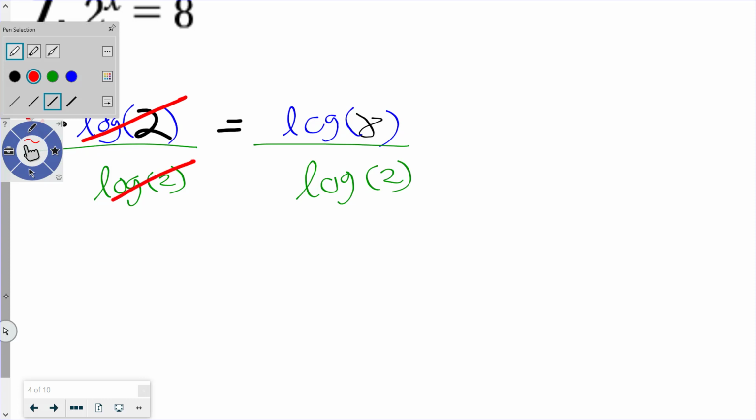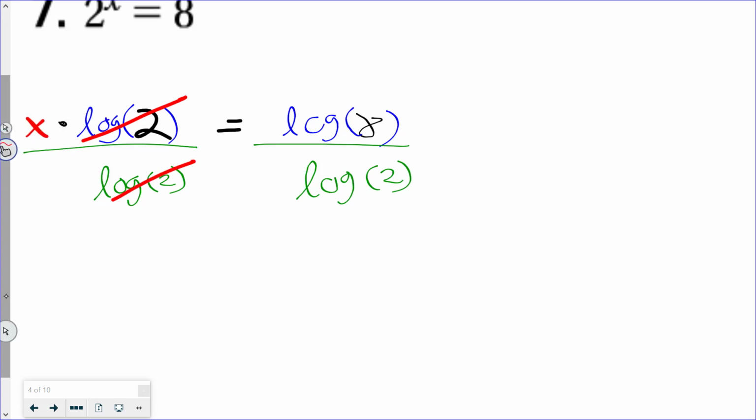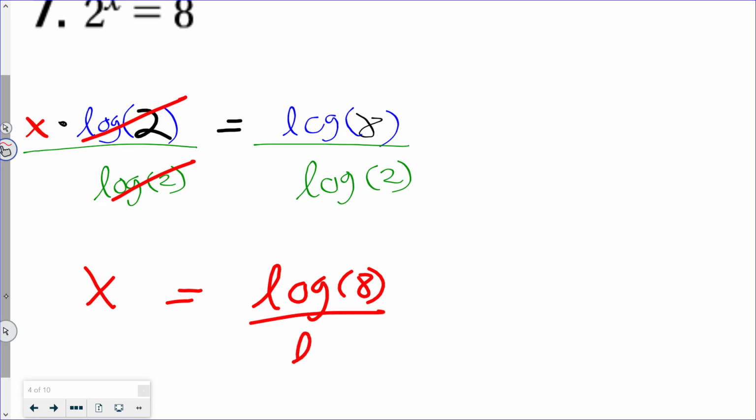These are basic mathematical principles. The only thing left on the left side is x. x equals log of 8 over log of 2. Is everyone with me so far?